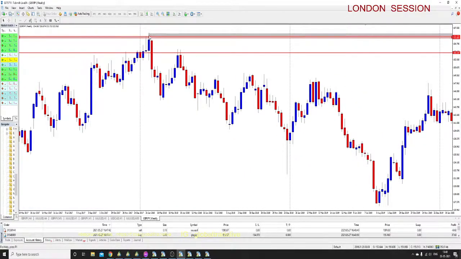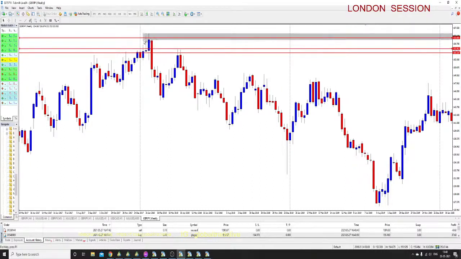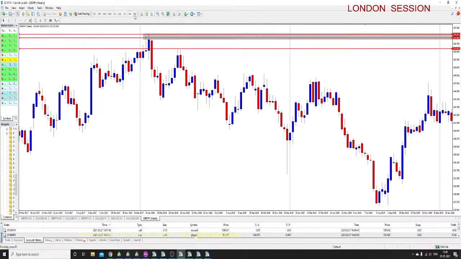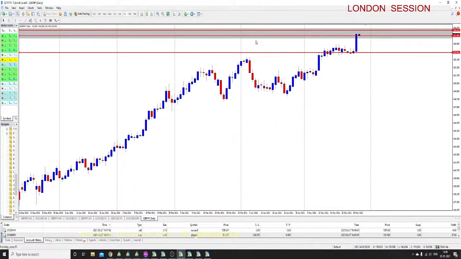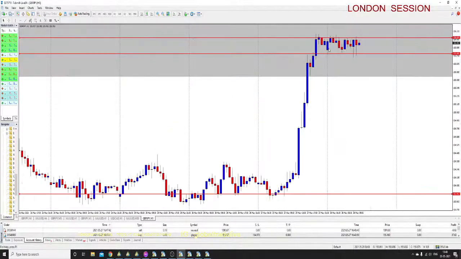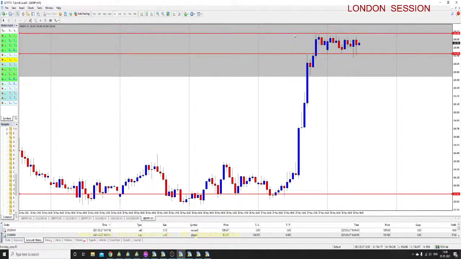Let me just take this all the way down in the weekly, and let's go back to the daily and adjust this line over here. Yeah, so what you can see here is that the filling of the wick has also been initiated from yesterday, right?